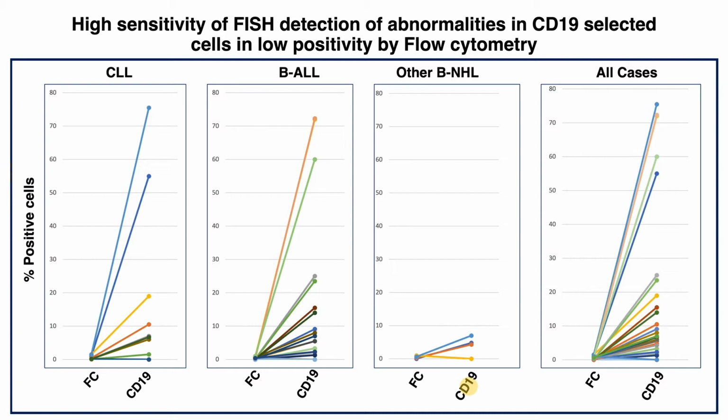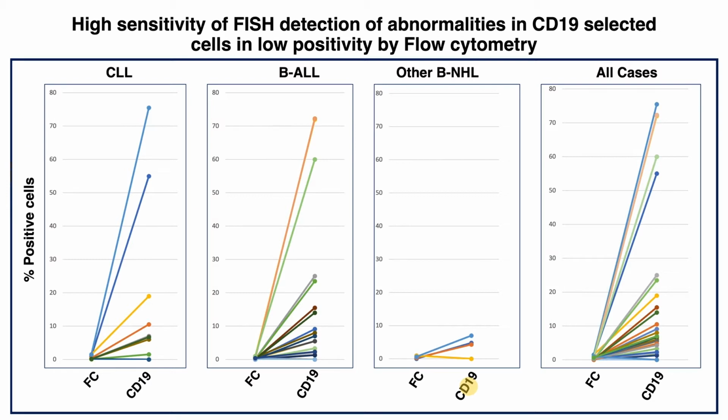So in this plot, the same cases, but selected cases of CD19 FISH in samples where the flow identified very low frequency of abnormal cells, shown separately for each category of CLL, B-ALL, and other B-NHL panel, but all cases are combined in the right fourth panel.